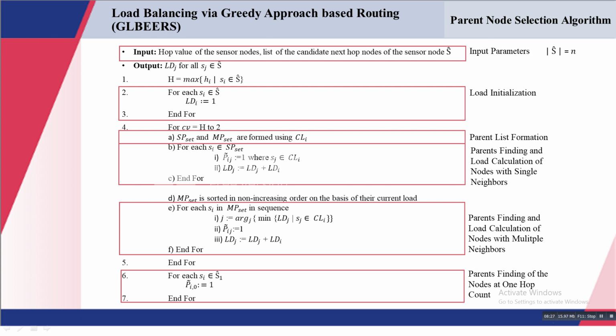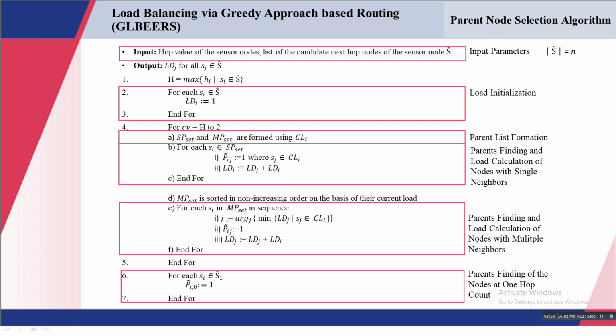So Pij is equal to 1 where Sj belongs to CLI. This Sj node has only a single parent node in its candidate list. So Pij is equal to 1, and LDj, that is the load value of the jth sensor node, will be equal to the load value of j plus the load value of the ith node, that is, from the child node it is receiving the data towards itself. Fine.